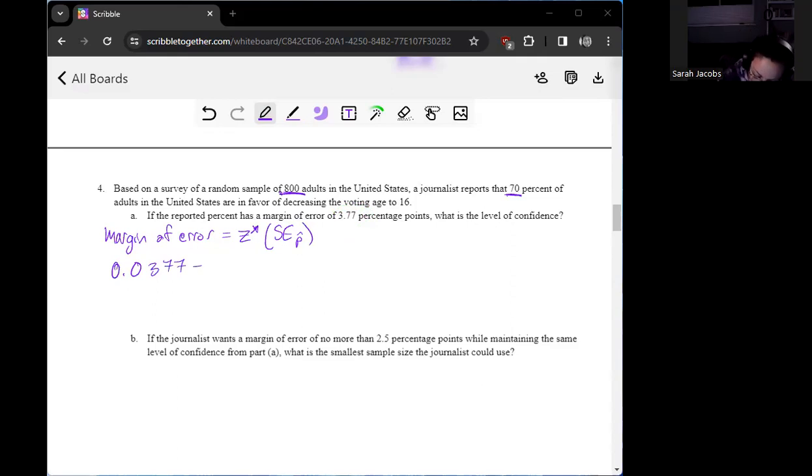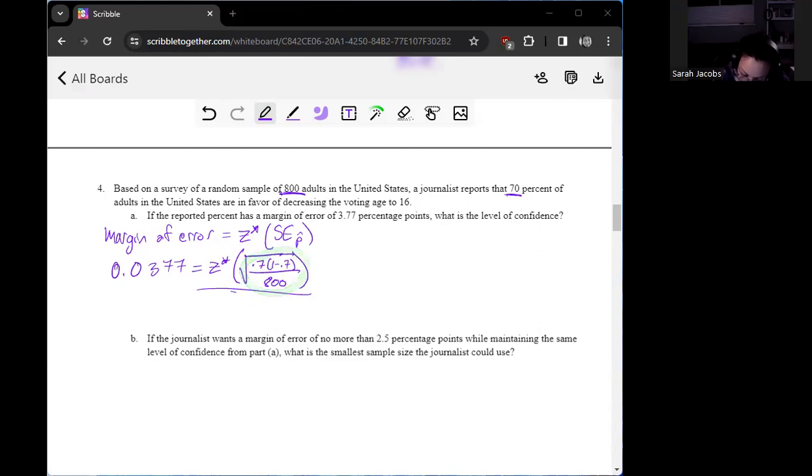Okay. We don't know our z-score. We don't know our critical value. We do know our standard error in this case. It's going to be the square root of 0.7 times 1 minus 0.7 all over 800. And again, these standard error formulas are just on the back of your formula sheet, second page of the formula sheet. So I'm just going to divide both sides by this whole chunk.